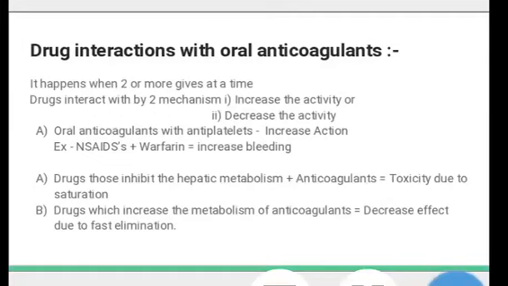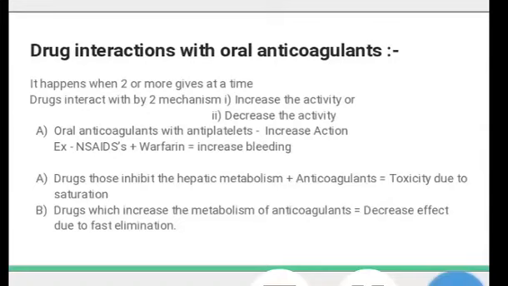So saturation of the drug in the body occurs because degradation will not be done properly.